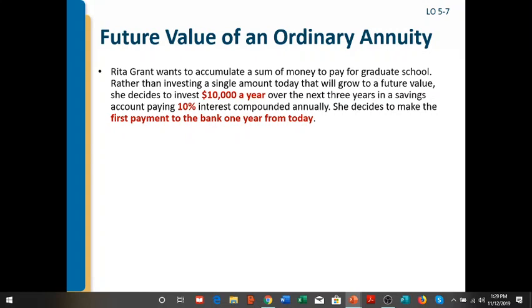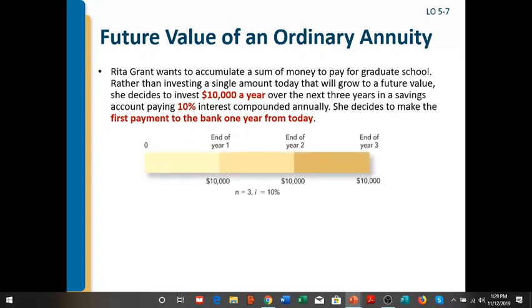And so here the example is this Rita person wants to accumulate a sum of money to pay for graduate school, and she's going to start investing in a savings account paying 10% beginning 1 year from today. And the 10% is compounded annually. And so the question is, how much will she have at the end of year 3?